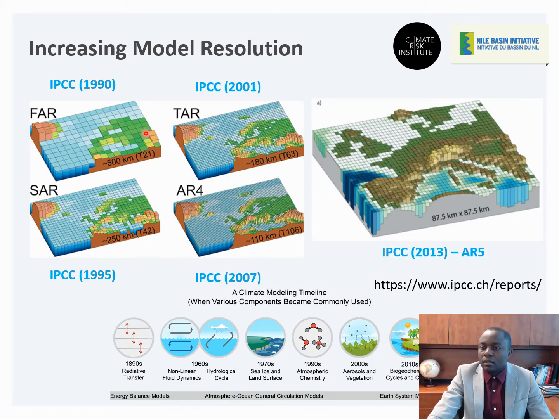Climate model resolution has been increasing over time since the very first IPCC, that is the Intergovernmental Panel on Climate Change, First Assessment Report. And over time, different Earth system processes have been represented in these models. So the evolution of climate models reflects the kind of physical processes that these models represent. In the 1800s, we were mostly looking at energy balance models, and in the 1990s and 2000s, we have atmosphere-ocean general circulation models.